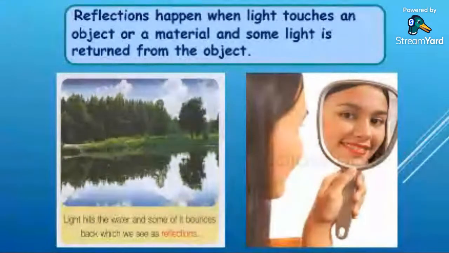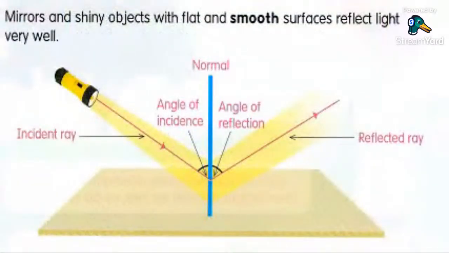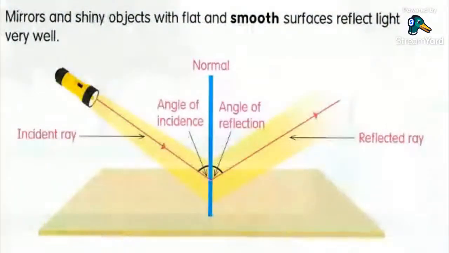So reflection happens when light touches an object or a material and some light is returned or bounced back from the object. Mirrors and shiny objects with flat and smooth surfaces reflect light very well.